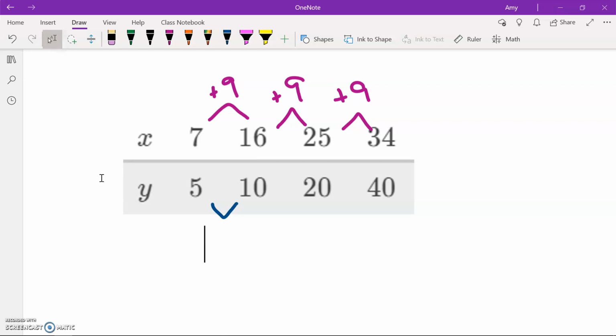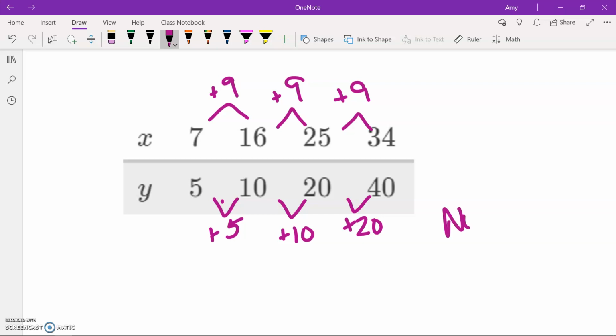Well, if we start with addition, I'm going to add 5 here, and then add 10 in our next one, and then add 20. Well, could that be a linear function? It cannot be a linear function because we are not adding the same value every time.